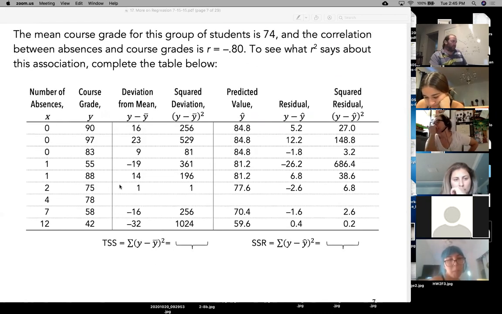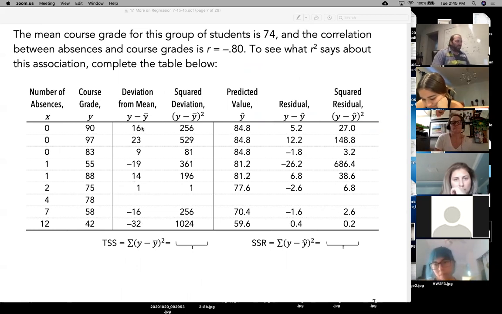The first thing we're going to calculate is the deviation from the mean. Check all these values, Y minus Y bar. Of course, I can only do Y minus Y bar if you have the mean. So let's go ahead and calculate Y bar.